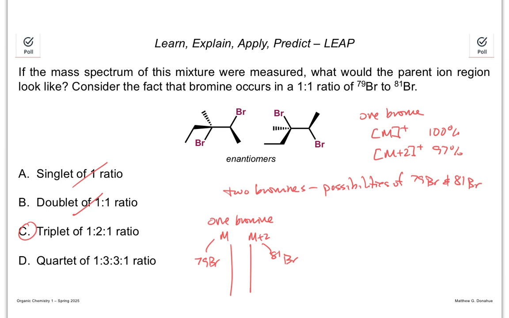So if you have two bromines in the molecule and they're both 79 labeled, that's going to get you an intensity of 1. If you have two bromines and they're both 81, that will give you an intensity of 1. But now in the middle, you have two possibilities. One is 79, the other's 81, and then you swap it, 81, 79. So the fact that that can happen twice leads you to a middle peak that's twice the intensity.